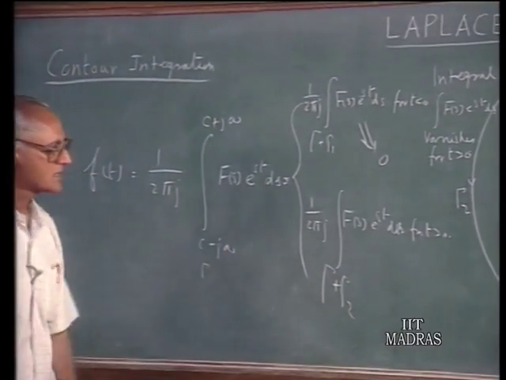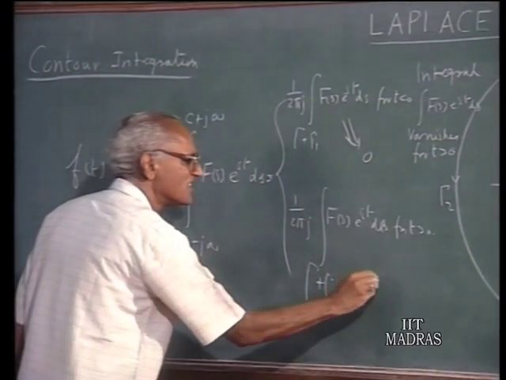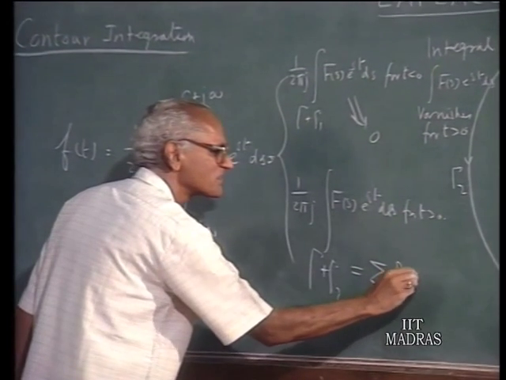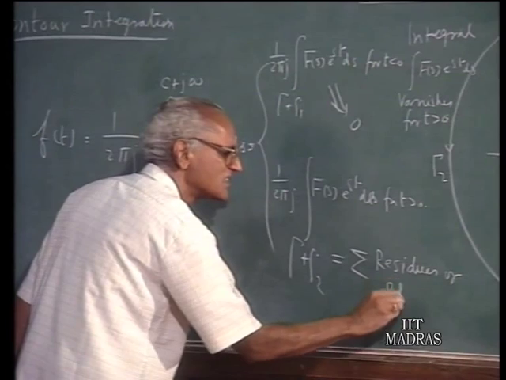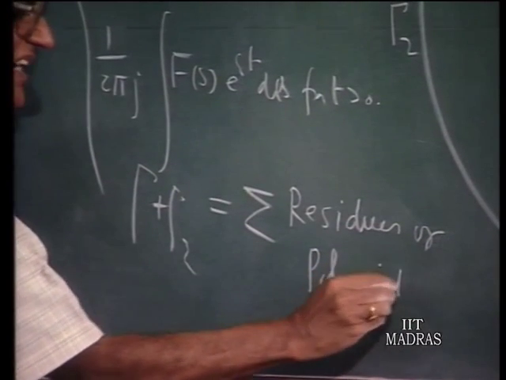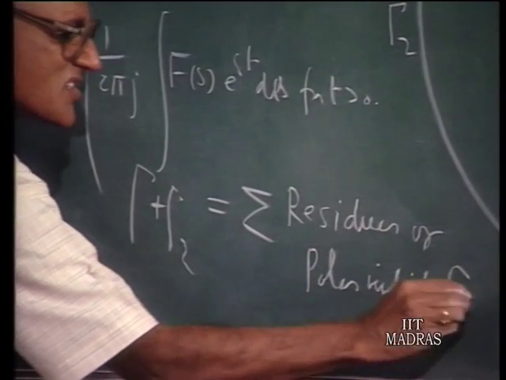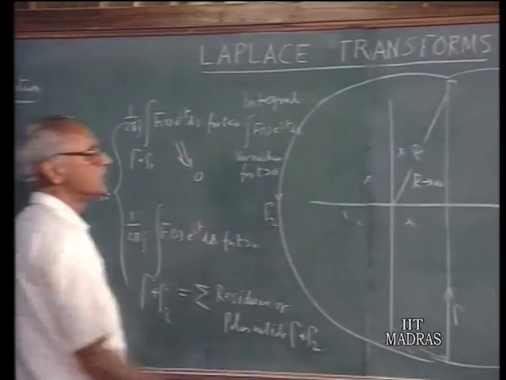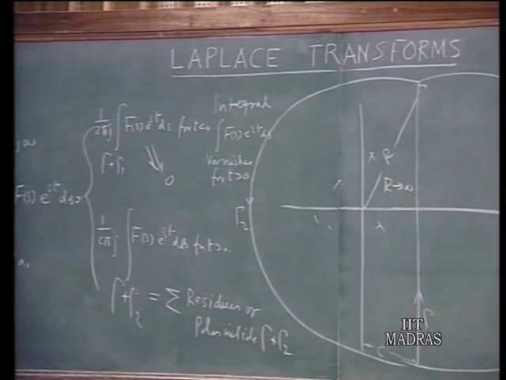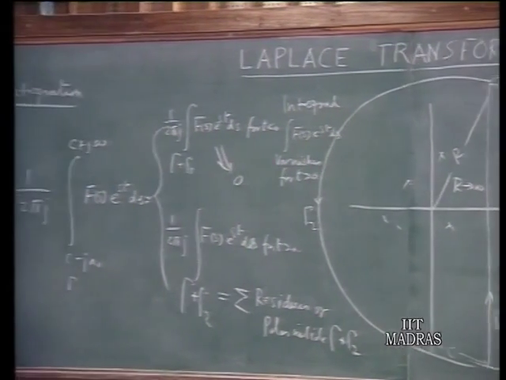And as far as this is concerned, this will be equal to the sum of the residues of poles inside the closed contour plus 2. So whatever poles you are having here, you take the residues of the poles, that will be equal to your f of t for t greater than 0.